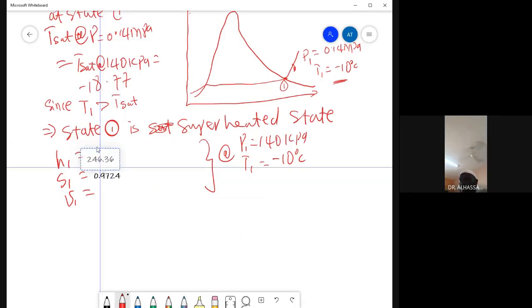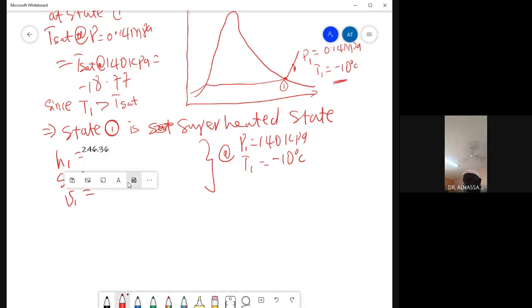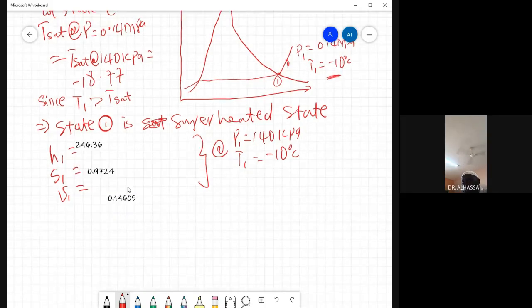H1 is given by this. And the specific volume V1 also is this, at 0.14. We may not be able to complete this question today. We may have to continue some other time. So this is the specific volume.